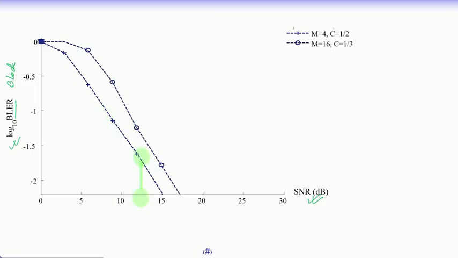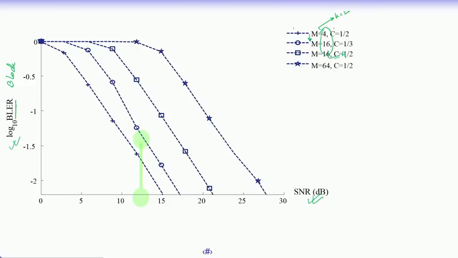So, when your SNR is high, one can increase the bit rate by simply changing the modulation from m equals 4 to m equals 16, because m equals 4 means k is equal to 2 bits per symbol, and 16 means 4 bits per symbol. One can increase the data rate.